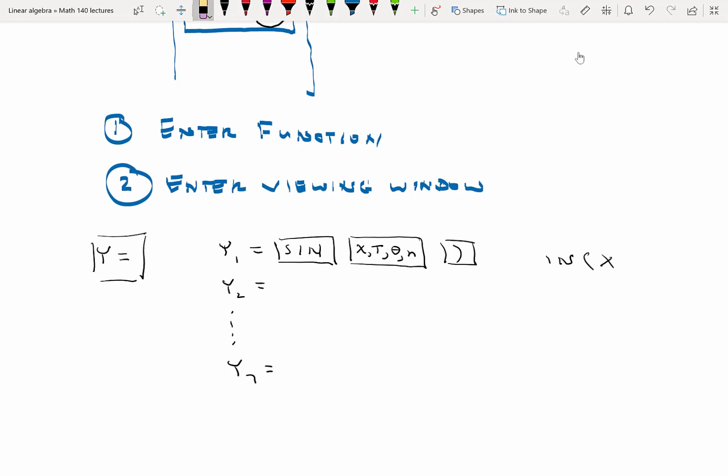Okay. So when you enter the trig function, the next thing to do is to enter the viewing window.